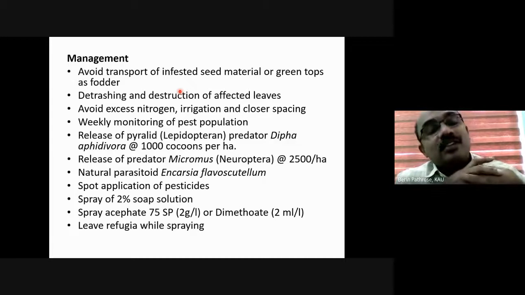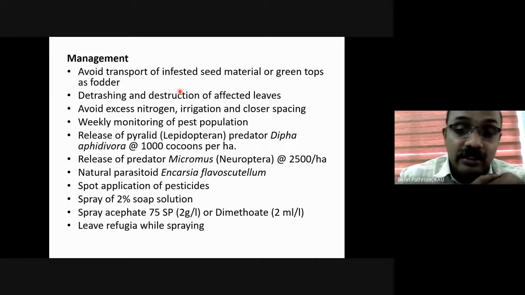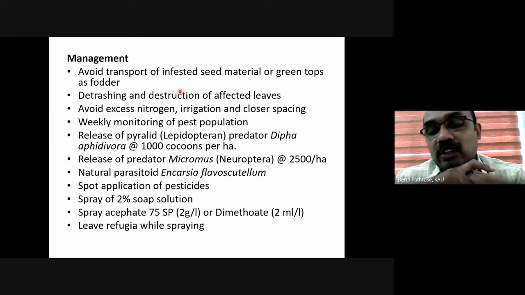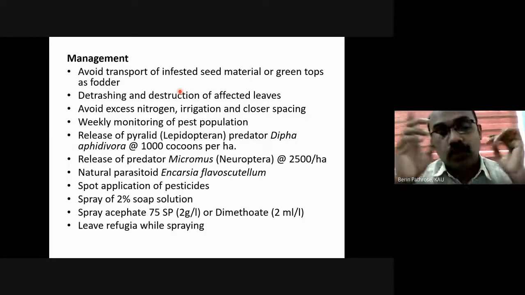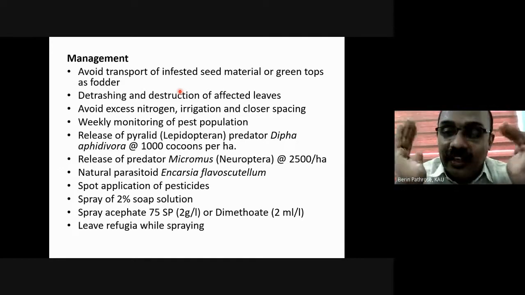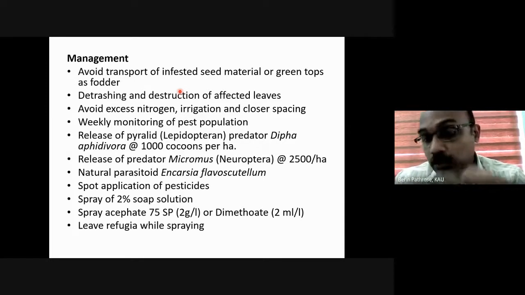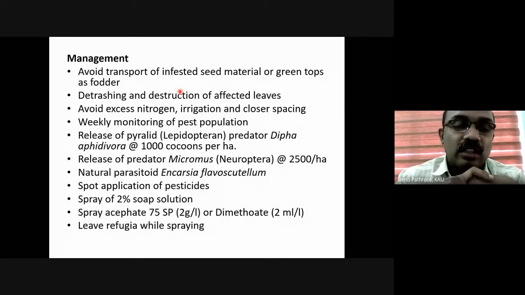Another neuropteran, Micromus, is also an effective predator, at the rate of 2,500 per hectare. In those areas where woolly aphid is a serious issue, they have biocontrol labs which multiply Diaphaenia ephidivora and Micromus because they are extremely effective against sugarcane woolly aphid.